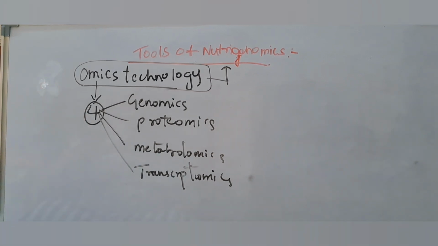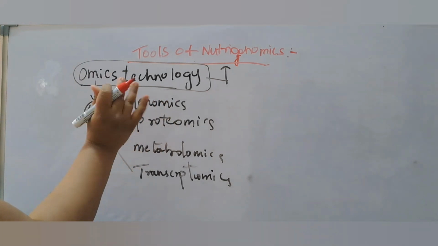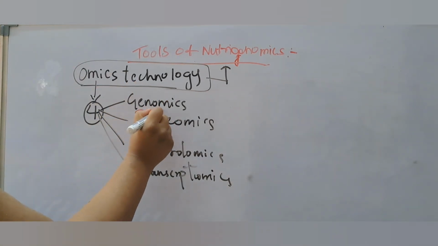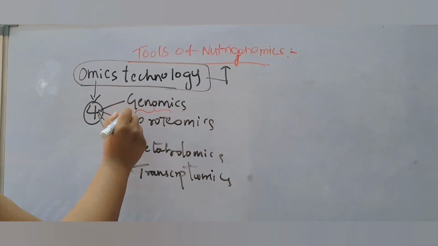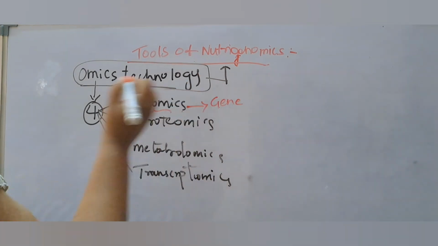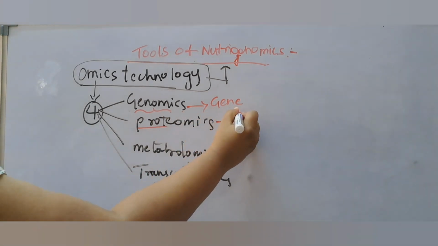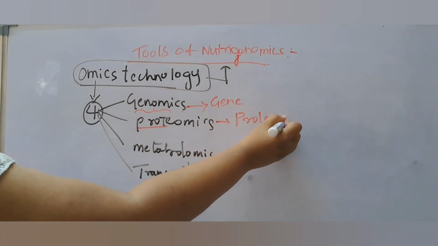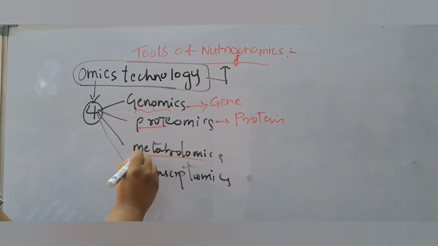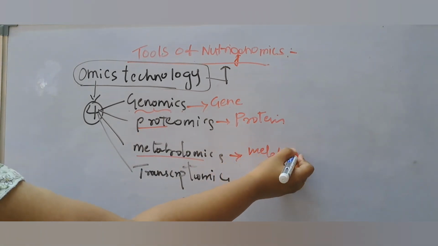Before knowing genomics, proteomics, metabolomics and transcriptomics, as you already identified, omics is the technology and gene means genes. That means here we are introducing gene technology. Okay, and in proteomics here it is protein, and in the same way metabolomics means metabolism of the body, right?